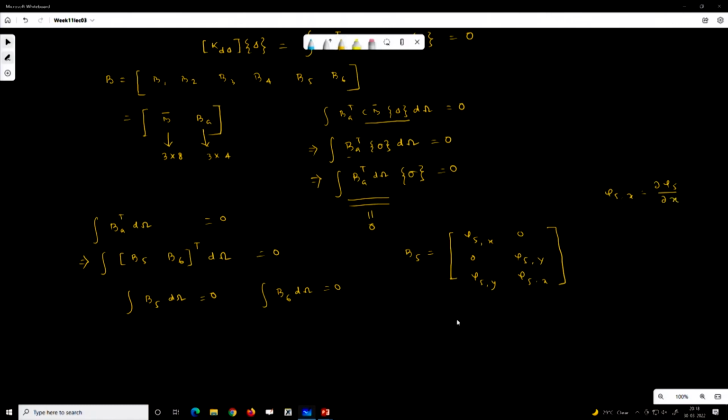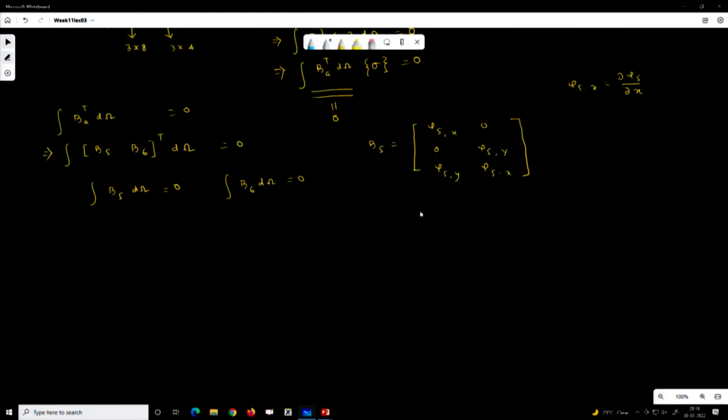Now for this B5, for an arbitrary quadrilateral, if I map to a master element, what will it look like? So let us do it here.